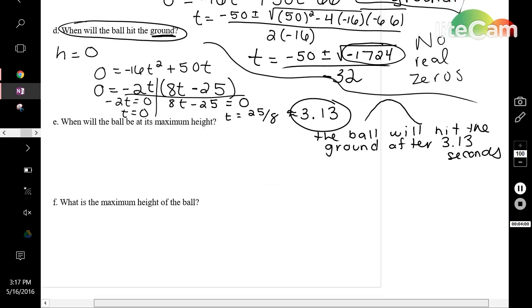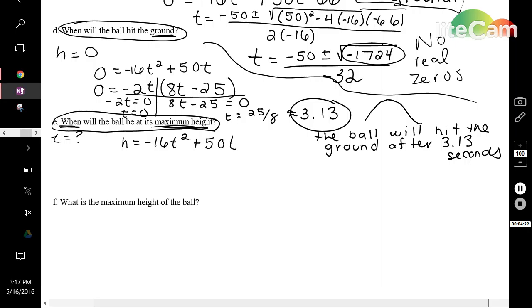Part E, when, remember when means we're looking for time, will the ball reach its maximum height? Okay, so we already did a maximum height problem on this worksheet. So in that case, we're going to use the same equation we started with, negative 16t squared plus 50t. We don't know t, and they didn't tell us a height.